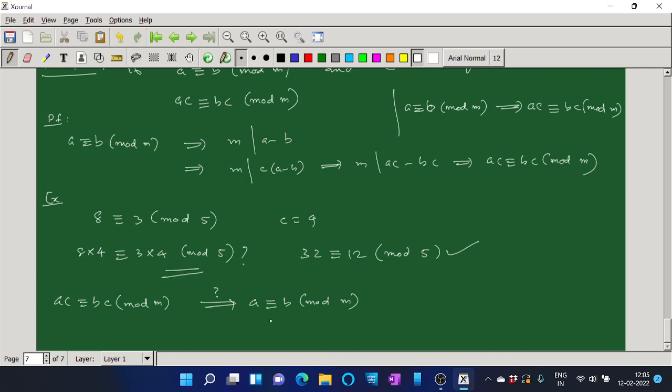We will be seeing later that it is not. You cannot divide a common factor here, say C. This relation will not hold. This relation will hold only if C and M are relatively prime. So that is discussed as another theorem later.